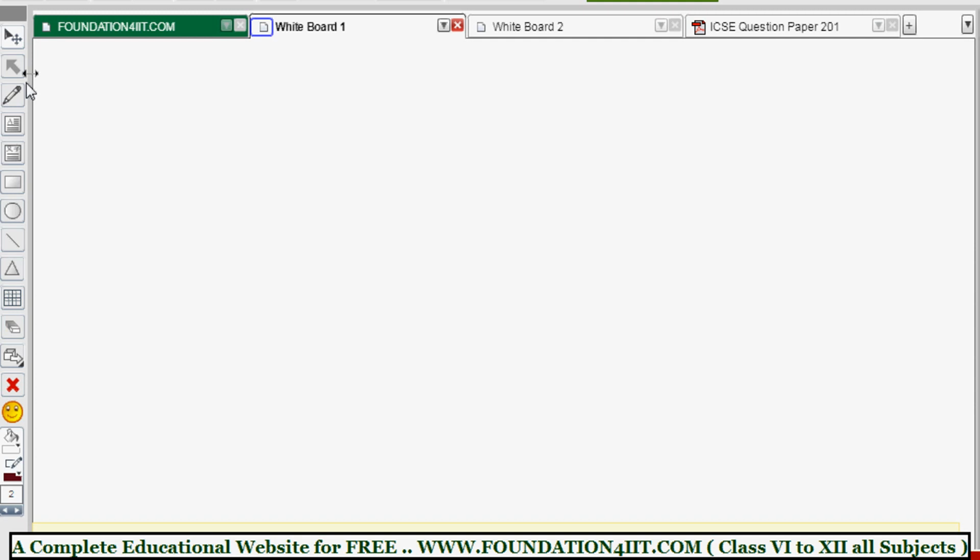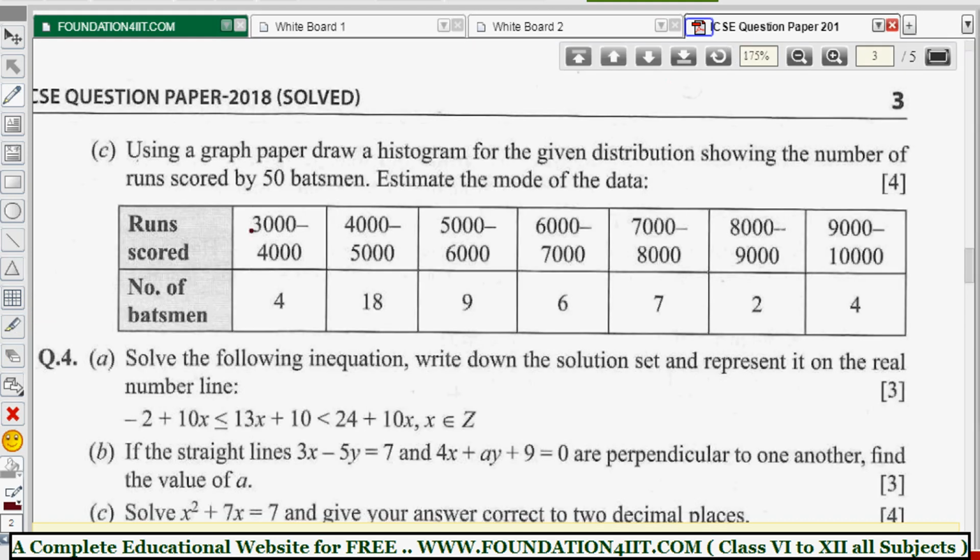Question number 3 is C. Runs code 3000 to 4000 is 4, 4000 to 5000 is 18. It's exclusive case, so we need not change anything. Then we can draw the graph.